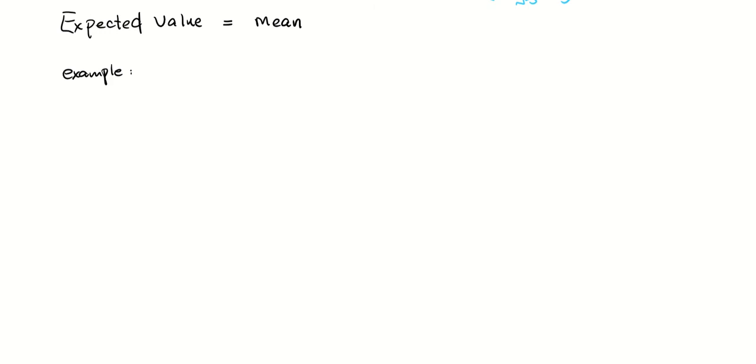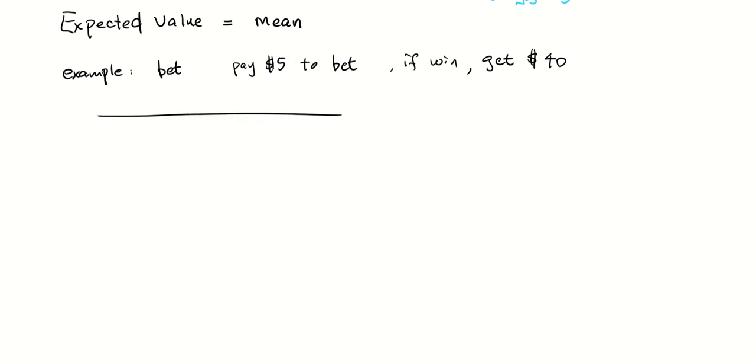For example, for this bet, you will have to pay $5 just to join the bet, and if you win, you will get $40. And I want to find the expected value for this situation. First, we want to make a probability distribution with x and p of x. I haven't talked about the probability. Let's say the probability of winning the bet is 10%, and the probability of losing the bet is 90%.